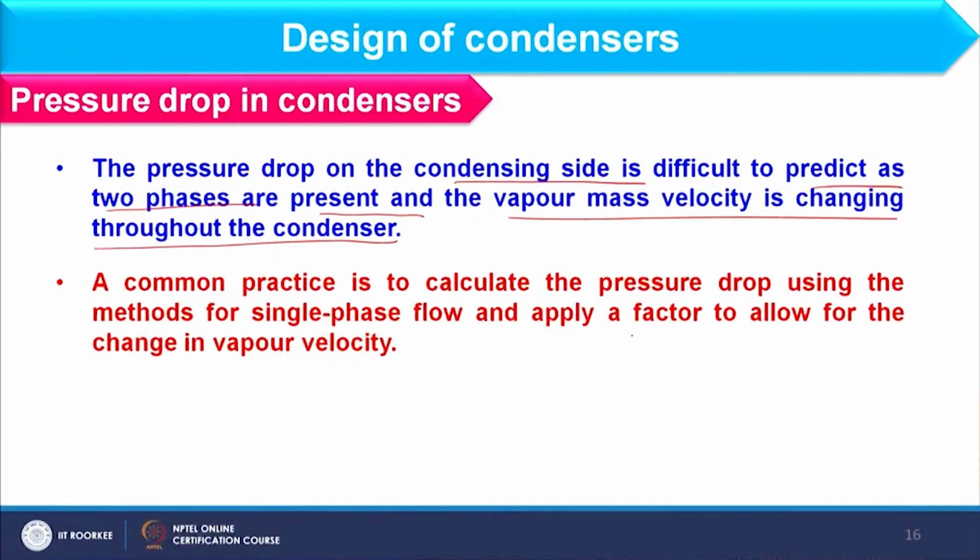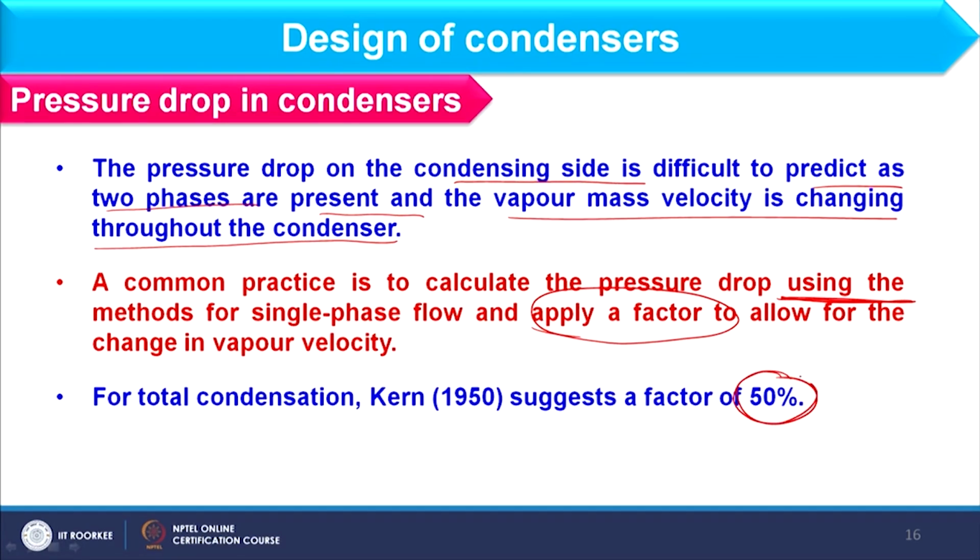So, the pressure drop on the condensing side is difficult to predict, as two phases are present and the vapor mass velocity is changing throughout the condenser. To account for this non-linearity, we apply some factors to find the actual pressure drop on the condenser side, right. So, the usual factor is 50%, which is suggested by Kern, and this is applicable for total condensation.